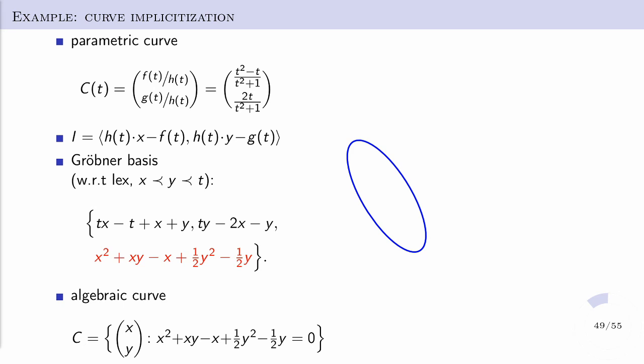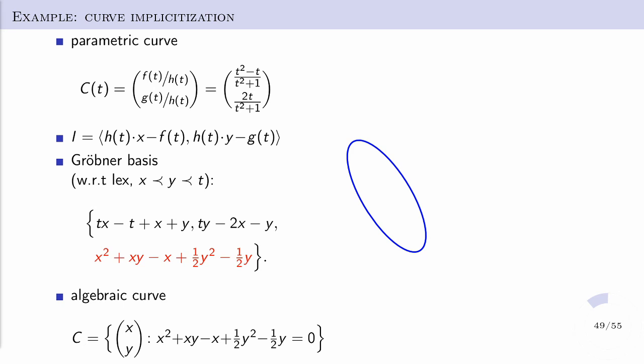So it is very important for applications to find a method to go from one representation to the other. Once we have a parametric representation, we want to find the algebraic representation. The designer constructs some shape, and this shape is of course in parametric representation, because that is how CAD, computer-aided design software, works.